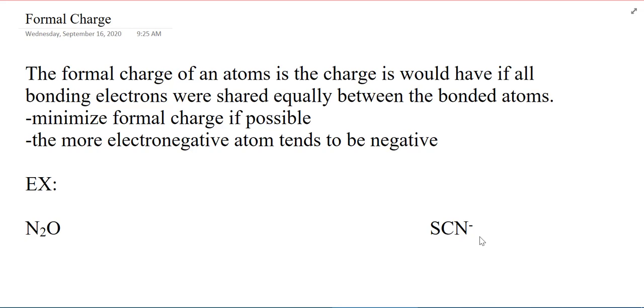We're just going to say that if I have two atoms, X bonded to Y, and we have a double bond, with orange electrons over here and purple electrons over here.